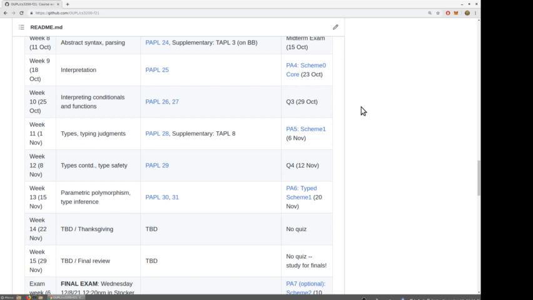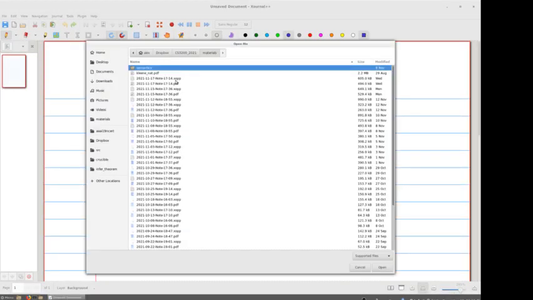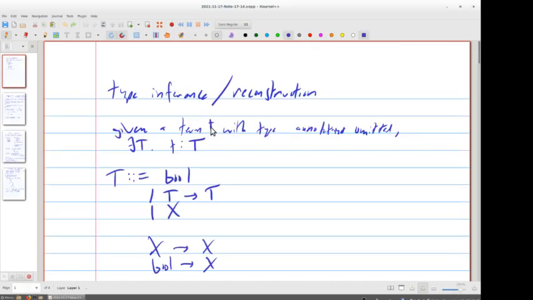Let's remind ourselves of what we did last time. I introduced the idea of type inference, or type reconstruction.